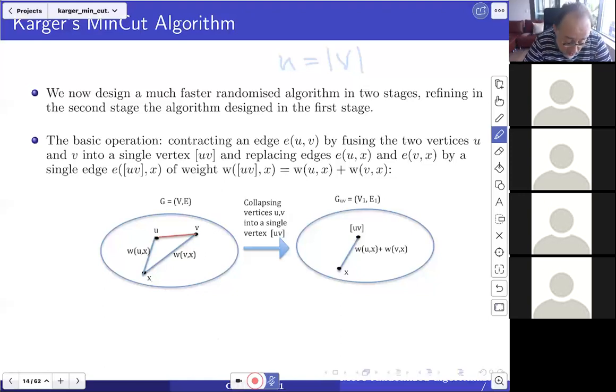No. We pick edges, we don't know where the min cut is, so we don't know which edges we might contract or not contract. So we simply randomly pick an edge and contract it, we will see with what probability. It doesn't have to be across the min cut. It's simply a random edge because we don't know what a min cut is.